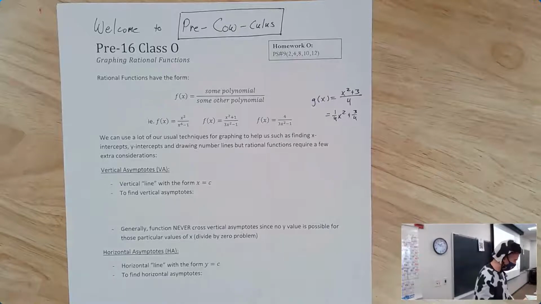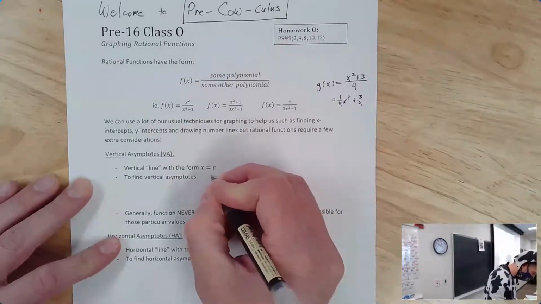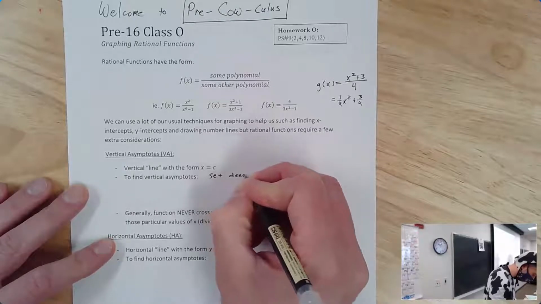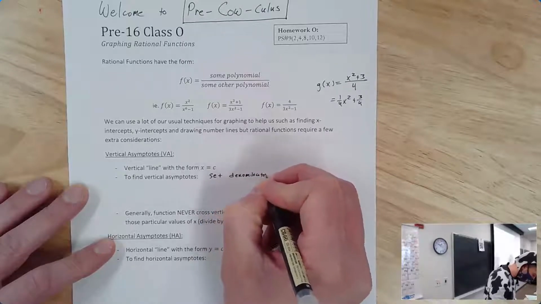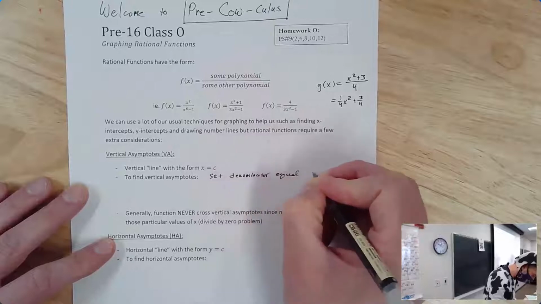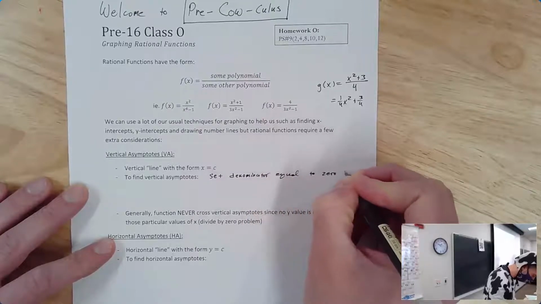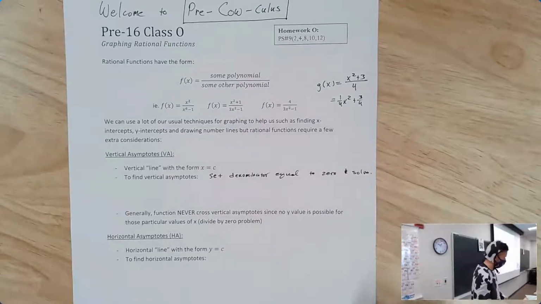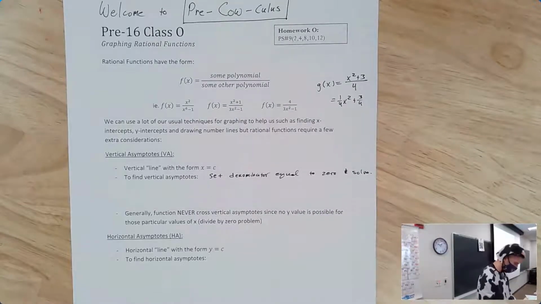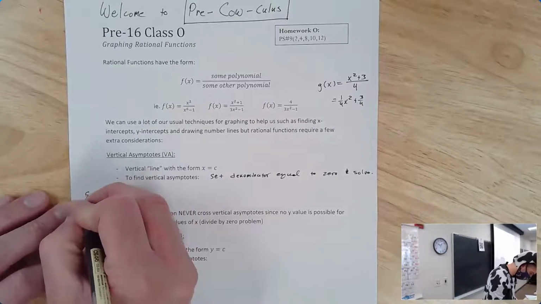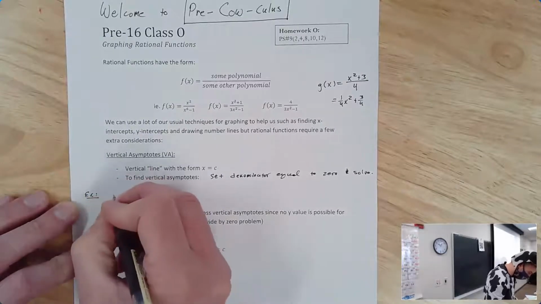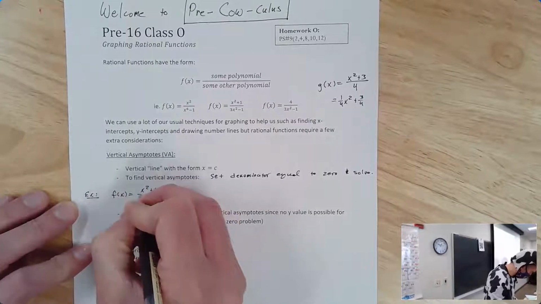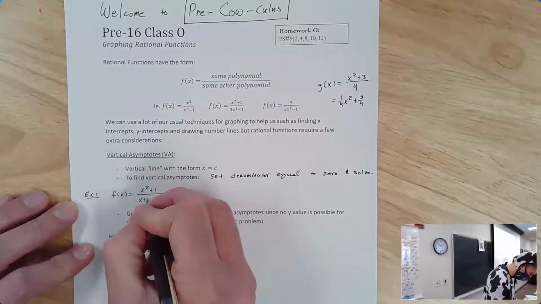And here's how we're going to find them. We're just going to set the denominator equal to 0 and solve for x. So a couple examples. Let's say our function was x squared plus 1 over x plus 2 times x minus 3.